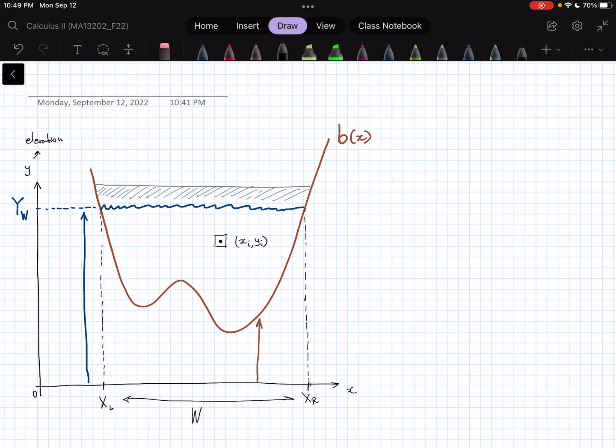So we are going to be interested in several quantities associated with this river profile. First, we're going to be interested in the area submerged underneath the river. Then we're going to be interested in the total force that the river feels, and the total force is going to be important because that total force will have the ability to displace the dam horizontally.